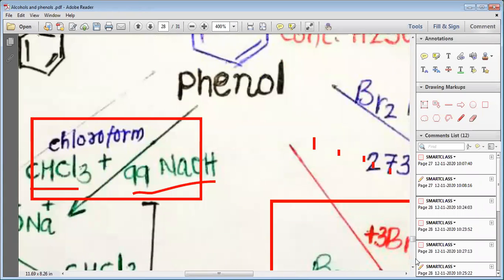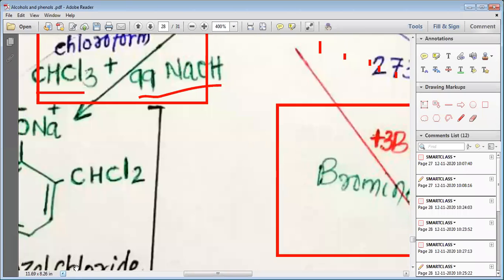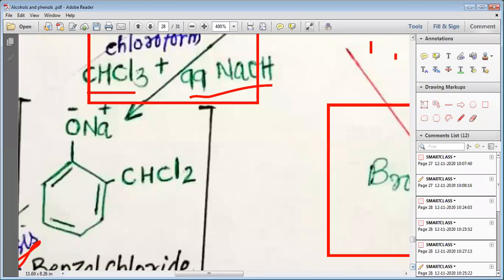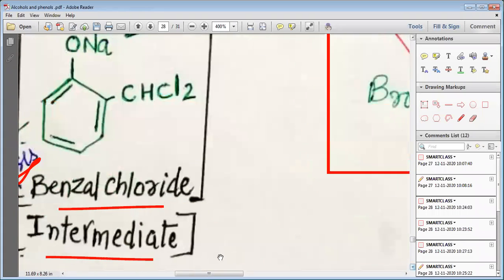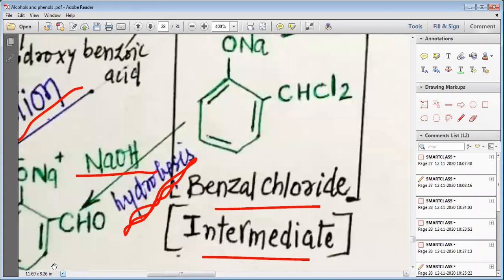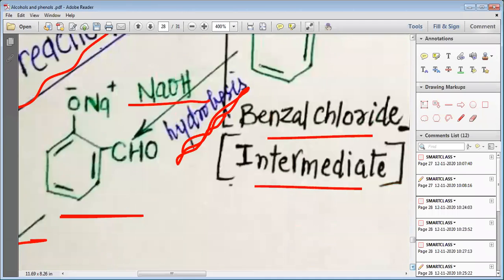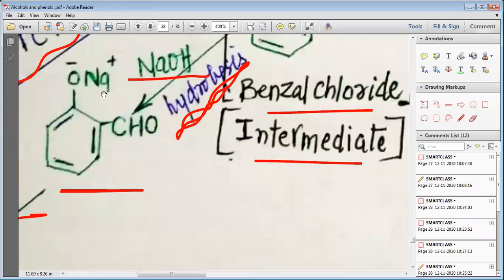On treatment with chloroform and aqueous NaOH, we get an intermediate known as the benzyl intermediate. You can see this benzyl intermediate here easily on your screen. So this benzyl intermediate on treatment with NaOH undergoes hydrolysis and gives the sodium salicylaldehyde. You can see here we have benzene, an aldehyde, and ONa.